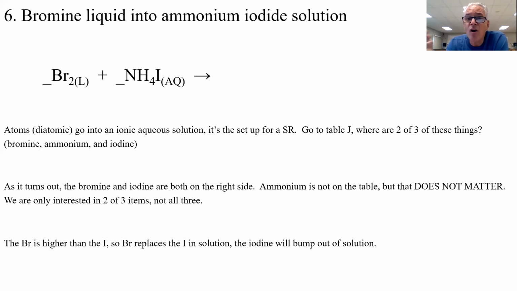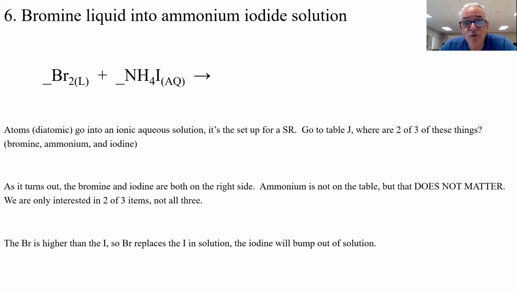As it turns out, bromine is higher than iodine on the right. Ammonium is not on table J, and that's fine. The other two, bromine and iodine, are on one side of the table, and in fact, bromine is higher. So here, the bromine is going to replace the iodine. Bromine makes a -1 ion.